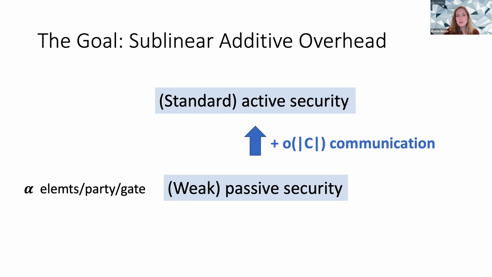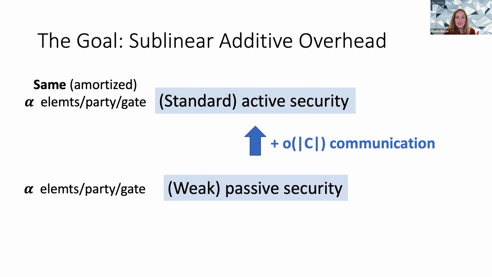And what that means in terms of these alphas floating around is that if you have such a compiler, then whatever this alpha is that parties are communicating per gate, then in an amortized sense, at least amortized over the circuit size, you have essentially the same alpha for the actively secure protocol.